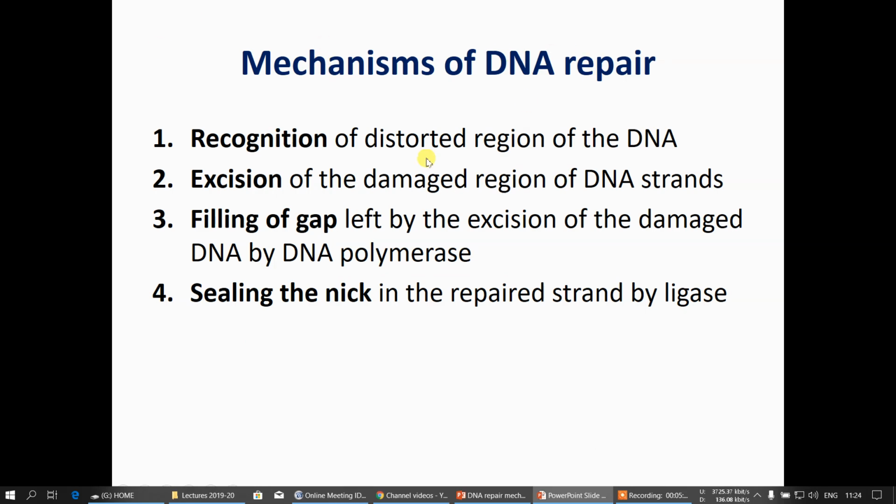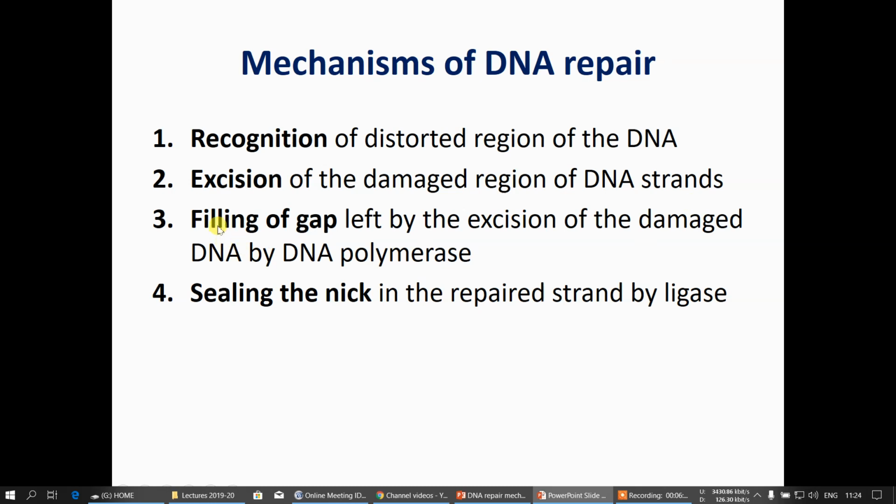Mechanisms of DNA repair. This is the general mechanism. First, there should be recognition of the mismatched or distorted region of the DNA. Then after recognition, this distorted or damaged region should be excised, removed from that DNA strand.